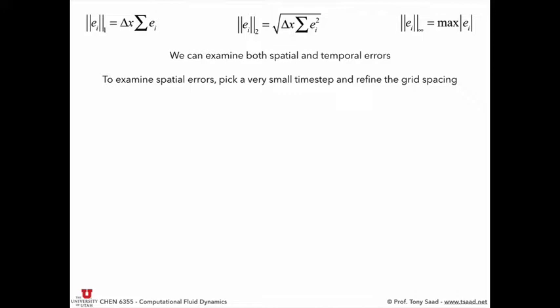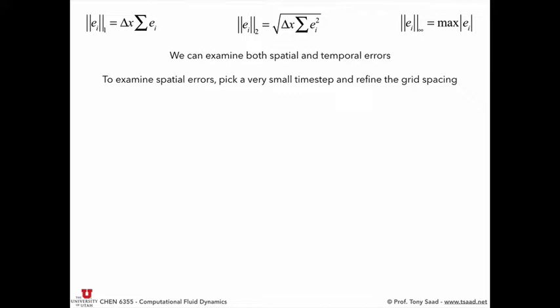And we're going to refine delta x and look at how the error converges or diverges or doesn't do anything anymore, right? If our numerical implementation is correct, the error, remember the first slides, on a log plot of 1 over delta x versus error, is going to decrease as a straight line with a slope equal to the order of accuracy.